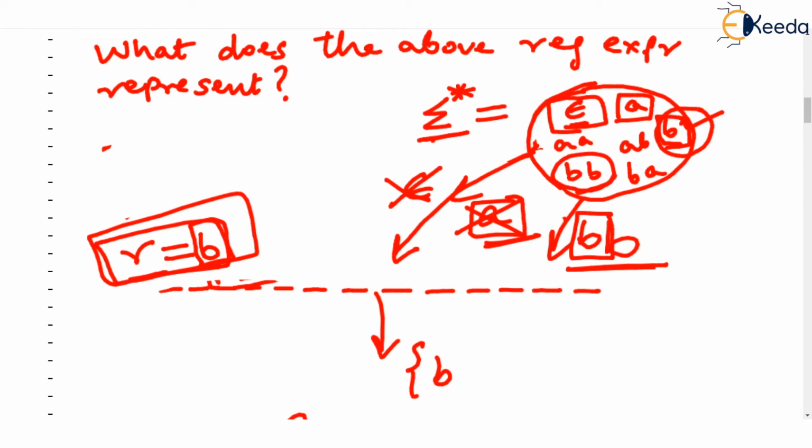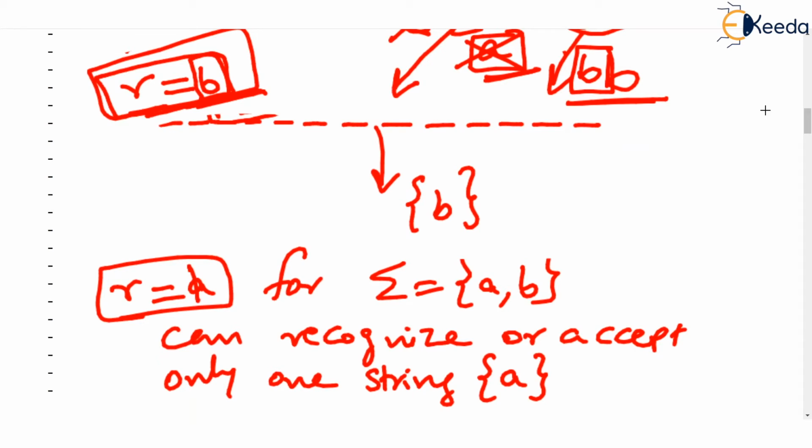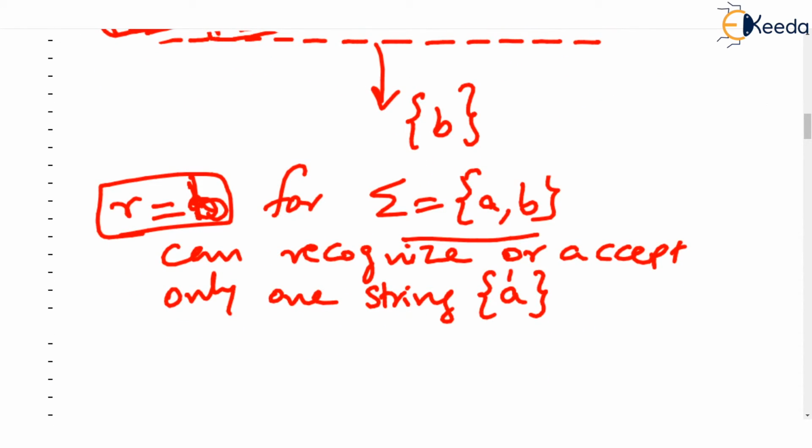I am encircling it in the set. BB won't pass the test because we have a regular expression containing only a single B. So we say regular expression R is equal to B. I am just overwriting a few things now. For sigma is equal to {A, B}, it can recognize only one string, that is B. I hope you are understanding.